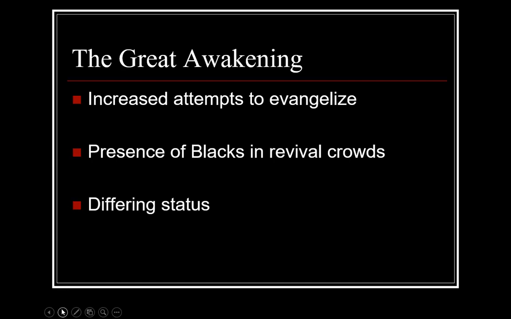And really that's where you begin to see these more conversions taking place, and really beginning in the latter part of the 18th century, from 1760 on, is when you start to see an explosion of Africans and African Americans becoming part of the groups.